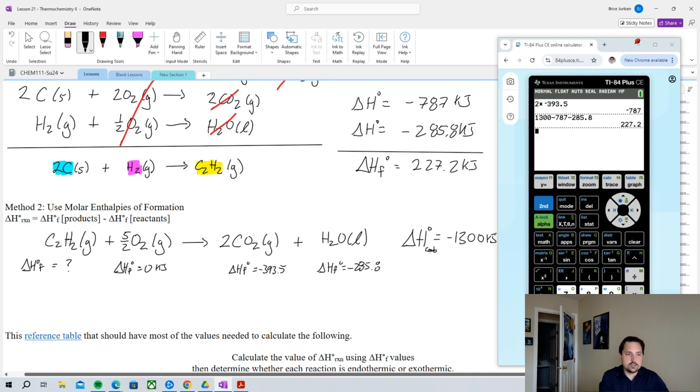So we'll set this equal to delta H of the reaction. And then we'll sum the products, which are these ones over here on the right. And usually what I'll do is I'll write it like this.